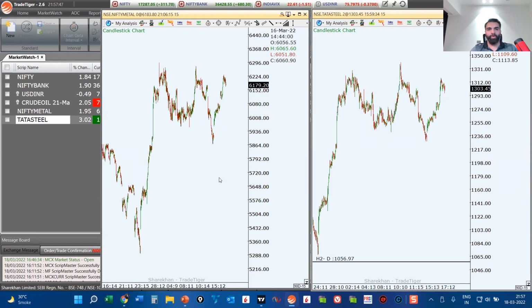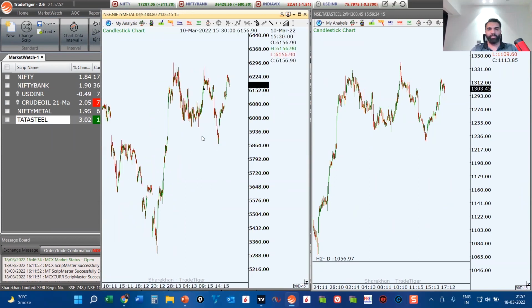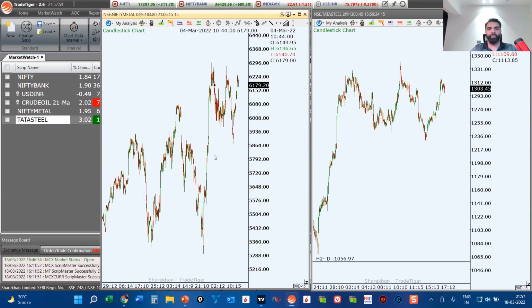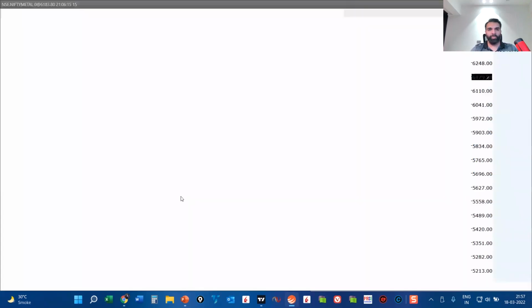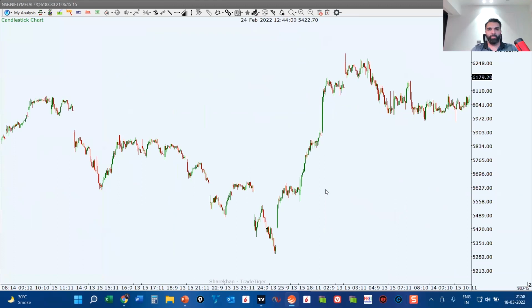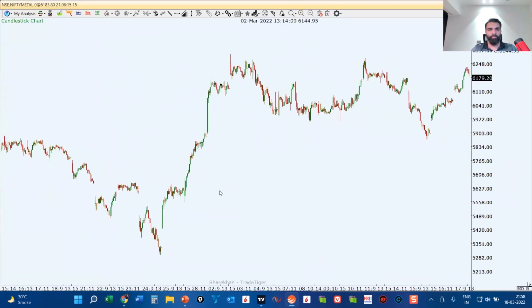All right, so if you look at the Nifty metal chart, the Nifty metal chart is more or less pretty strong. And the prices came very, very close towards this area of demand on the Nifty metal chart.